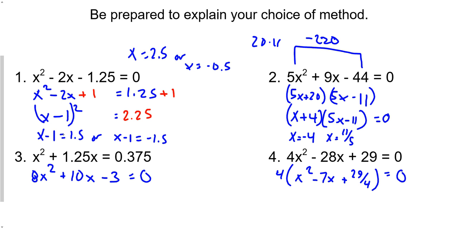This does factor because you can find two numbers that multiply to negative 24 and add to 10, and that's going to be 12 and negative 2. So that does factor, just not very cleanly. And that's just one possibility.